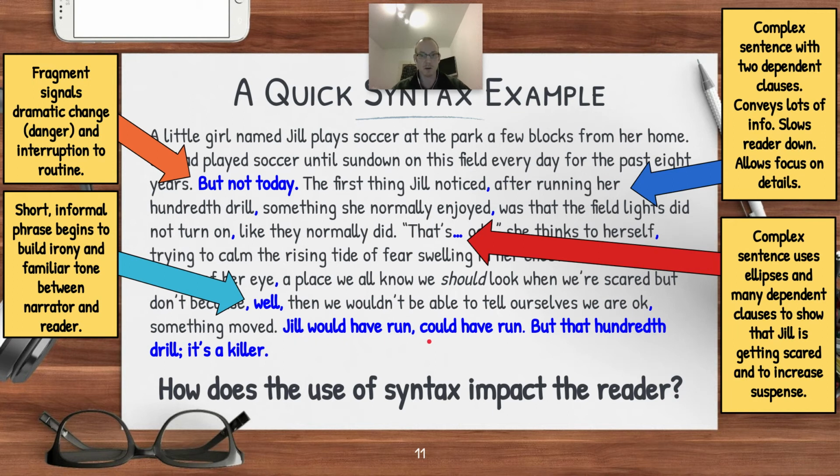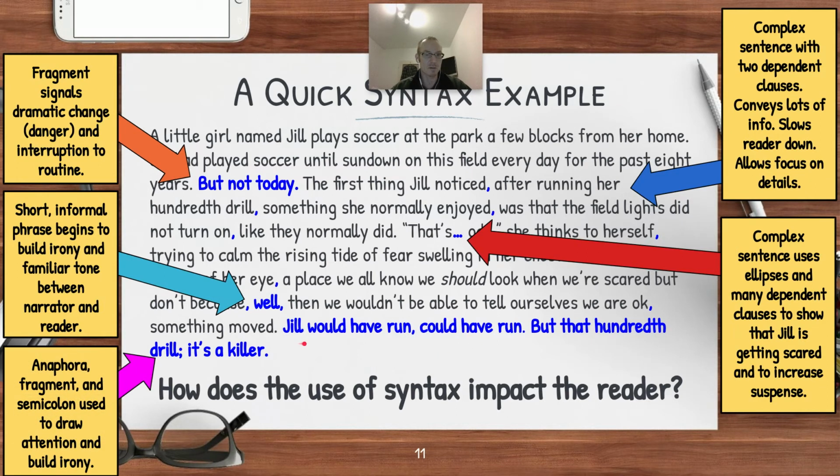Jill would have run, could have run, but that 100th drill, it's a killer, right? There's the anaphora of "Jill would have run, could have run." The phrases are very close in proximity to each other, almost exactly the same, but not quite, and repeating. Then that fragment, "but that 100th drill," semicolon, makes you pause a little longer.